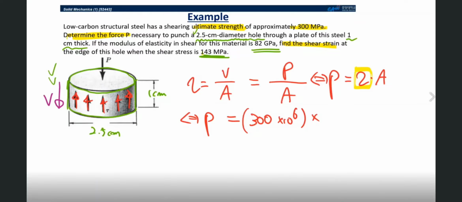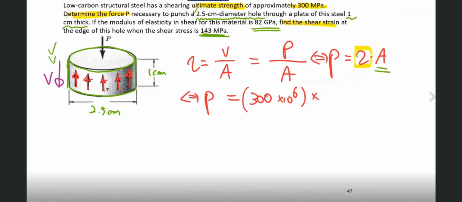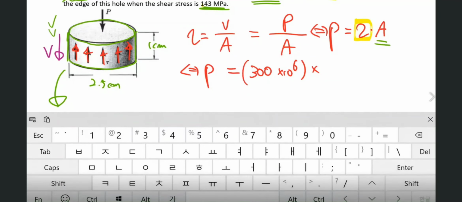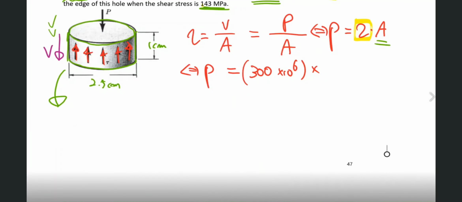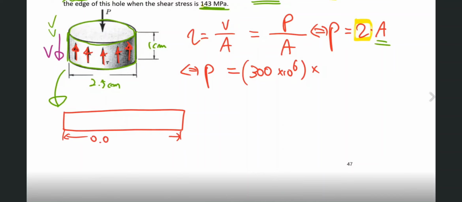And the cross-section area: if we extend the side of this cylindrical structure, we can draw like this. The bottom length should be 0.025 meter multiplied by pi, and the thickness, 1 centimeter, is what? 0.01 meter.